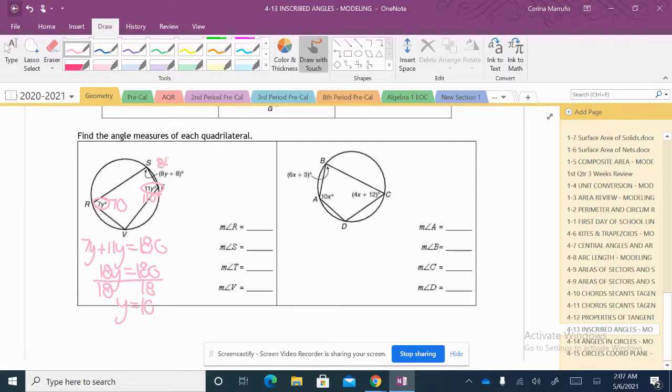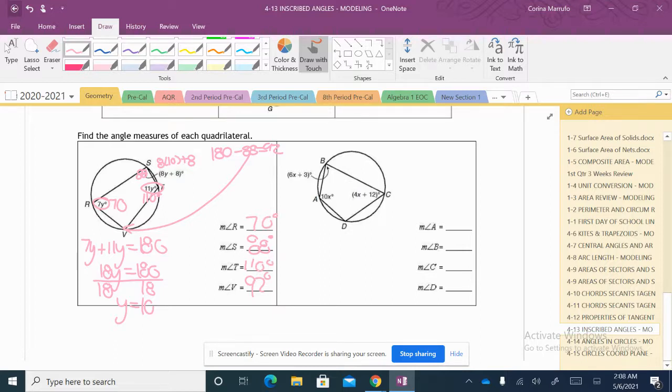Here 8 times 10 is 80, plus 8 gives me 88. So then to find B, I'm going to do 180 minus 88, and that gives me 92, which is going to be angle B. So I'm going to put it here, 92, S is 88, T is 110, and R is 70.